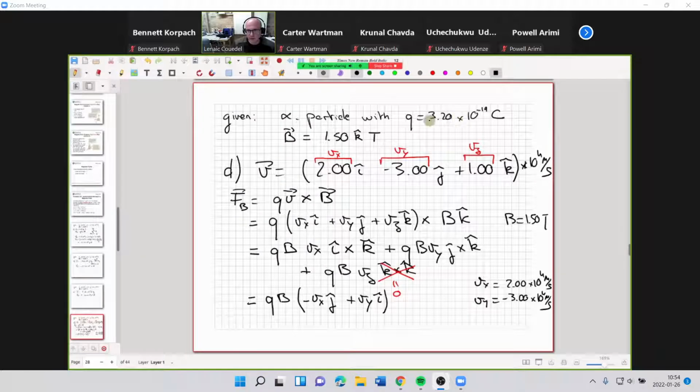You know the value of Q, you know the value of B, so you can just put all the numbers in, and you end up with the force, which will be equal to minus 1.44 × 10^-14 I hat minus 9.60 × 10^-15 J hat, and the unit, since it's a force, is Newton. Makes sense for everyone?